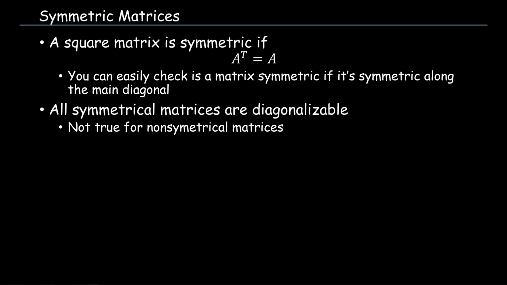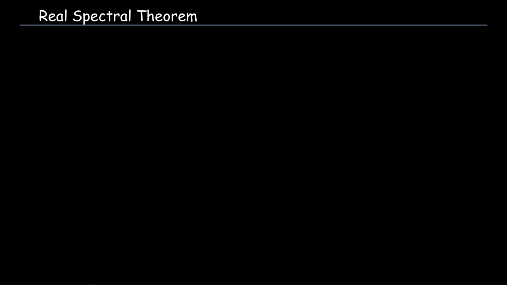Some of them might even give you non-real numbers as their eigenvalues, and it's really easy to show them. So this is why we're discussing symmetric matrices, because you can do so much with them despite how simple they look. Along with the symmetric matrices, we are going to discuss something called the real spectrum theorem.